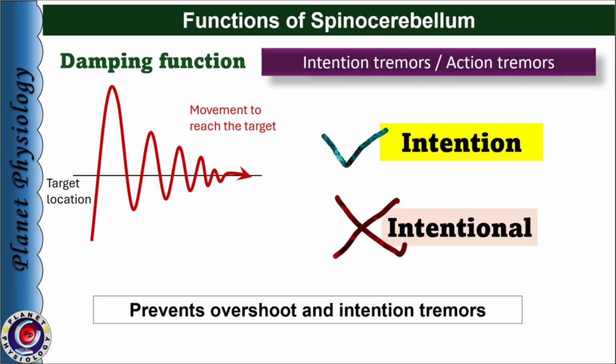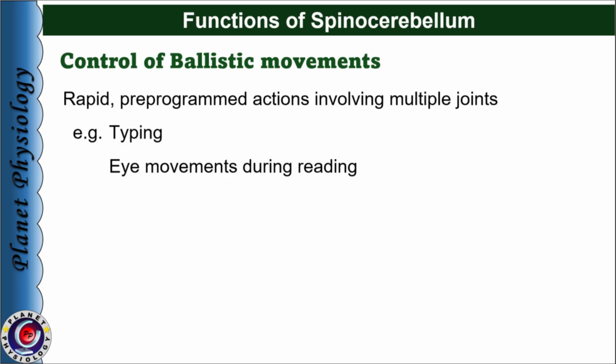Now moving on to the next important function of the spinocerebellum, control of ballistic movements. Ballistic movements are rapid, pre-programmed actions involving multiple joints, such as finger movements while typing or quick saccadic eye movements during reading.